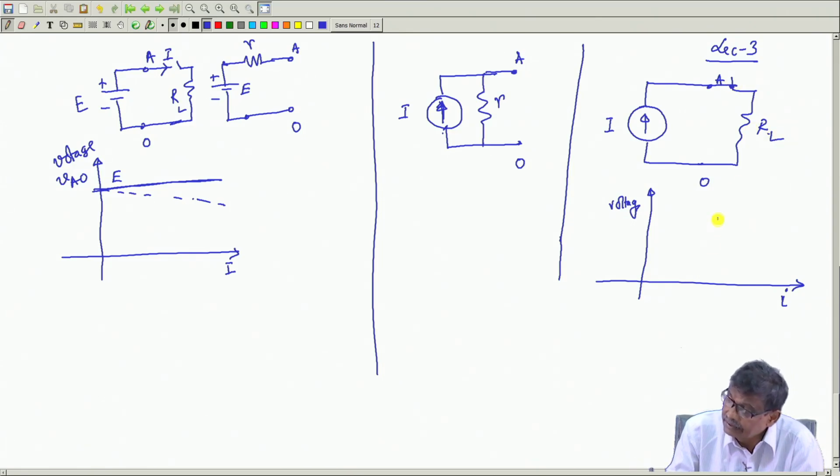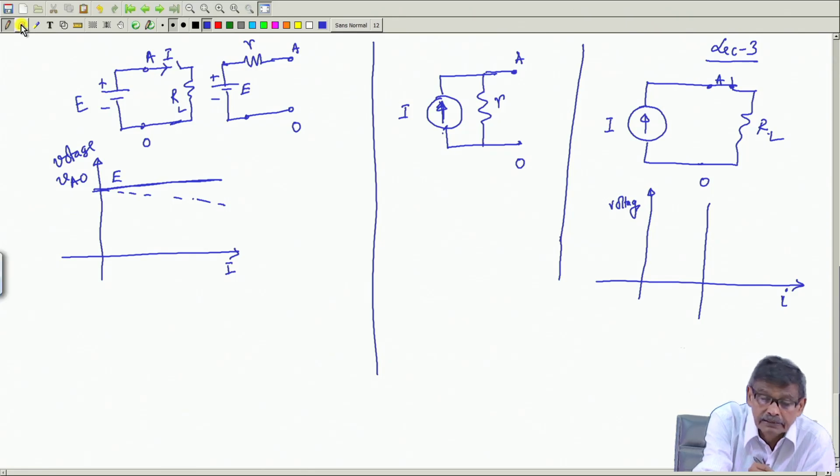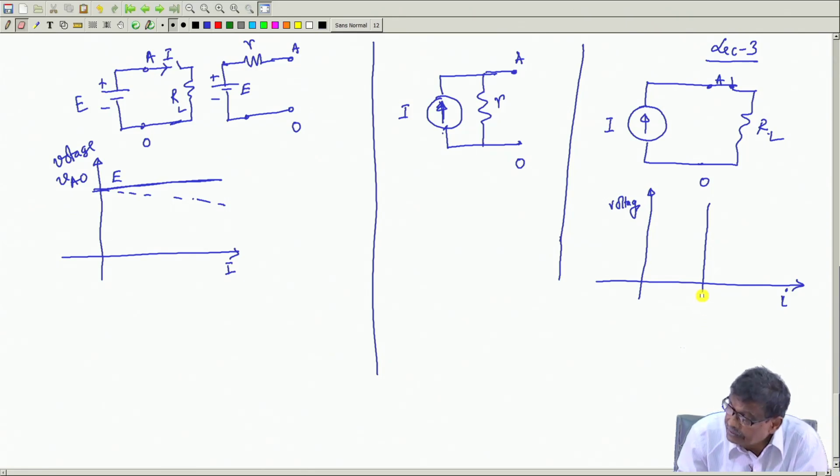It says that whatever is the strength of this current source, that current will remain constant at this value I. Voltage may change between these points A and O.